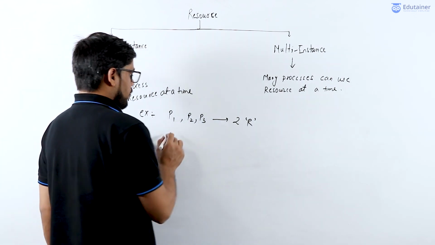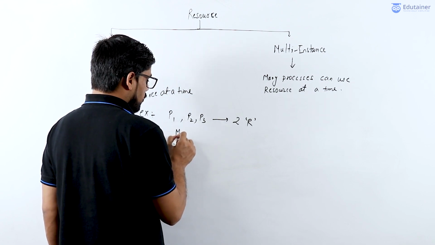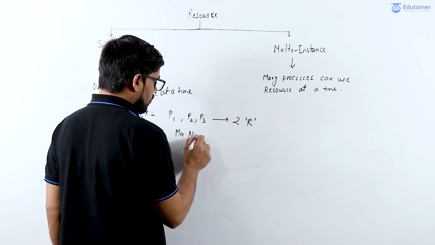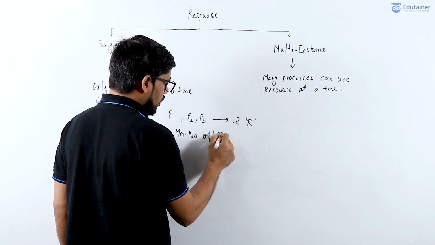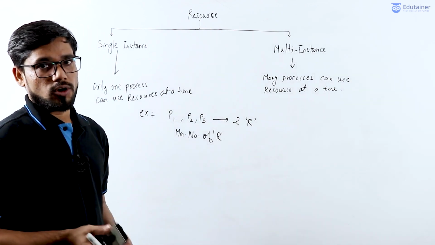Then one question we will ask is, what is the minimum number of resource R which will be needed so that no deadlock will occur?